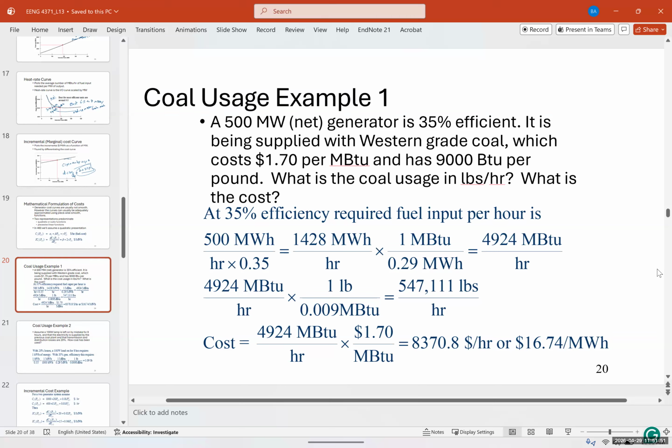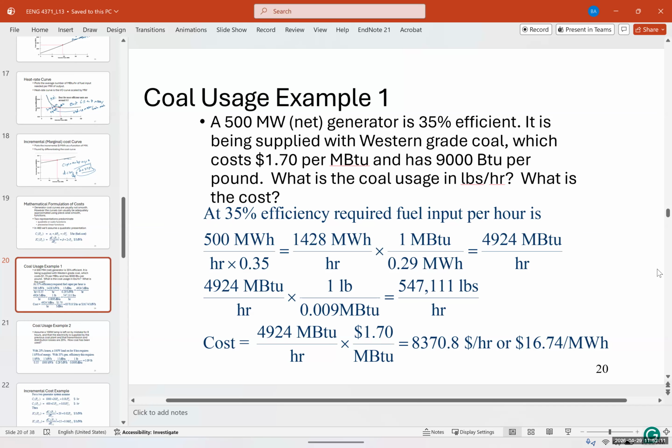Now, where did we get that? We convert to MBTU per hour, which is 1,428.6 times 3.41, which gives us 4,872, and divided by 0.29, we get that.